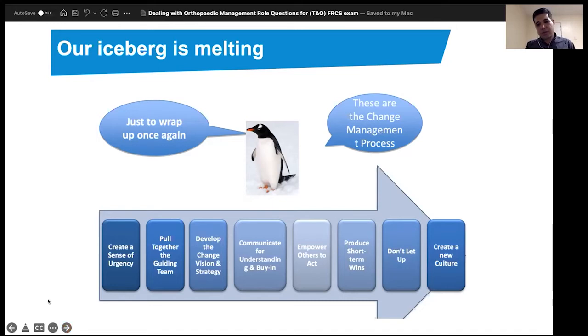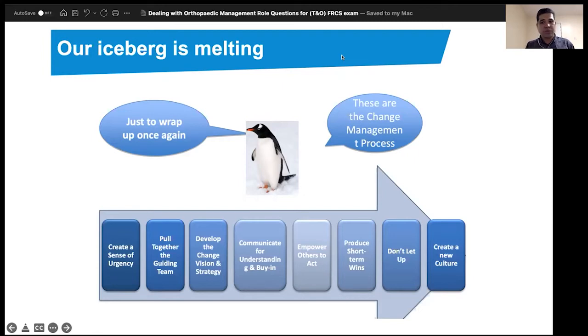So you can apply that to any scenario in the exam. For example, if you are the manager of the ED department and there are more complications than usual, or someone says the waiting time for patients in the emergency department is about 72 hours or 48 hours, which is more than expected, and we got a lot of complaints from the patients about that.